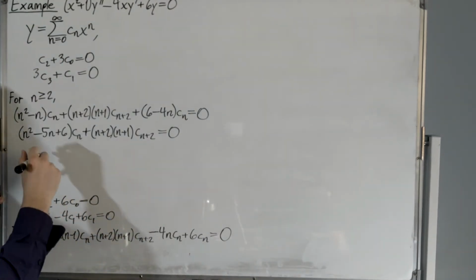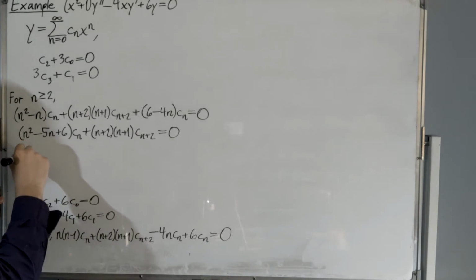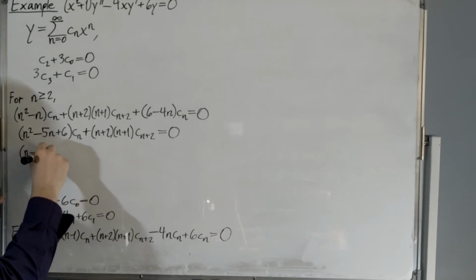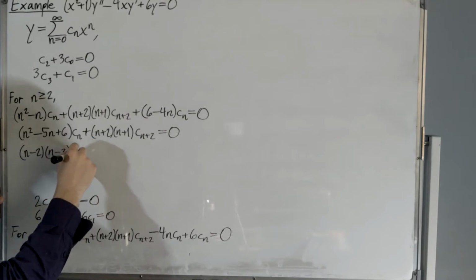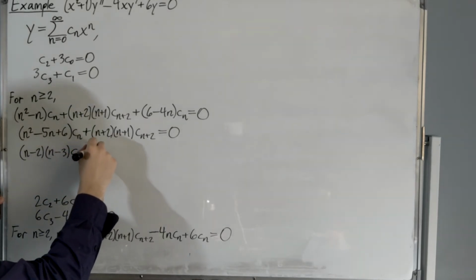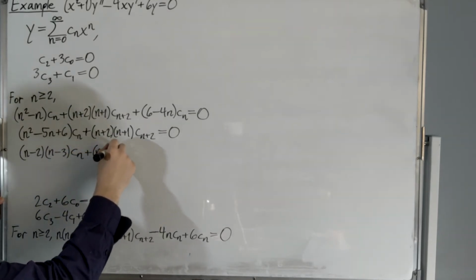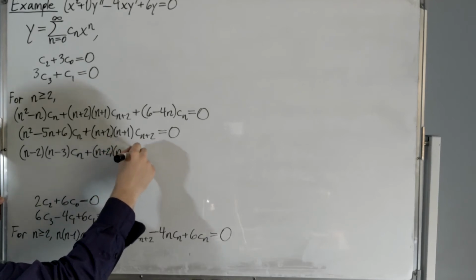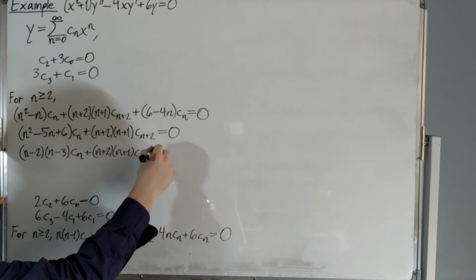This gives us n minus 2, n minus 3 Cn plus n plus 2, n plus 1 Cn plus 2 equals 0.